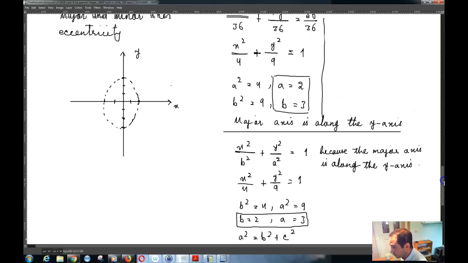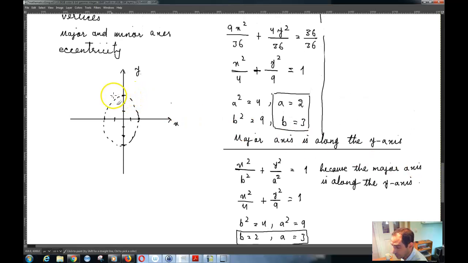So now with this ellipse over here, your major axis is along the y-axis. Here you have your a, or 0 comma a. Here you have 0 comma negative a. Here you have b comma 0. Here you have negative b comma 0.